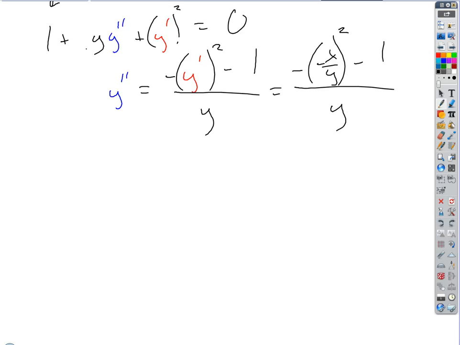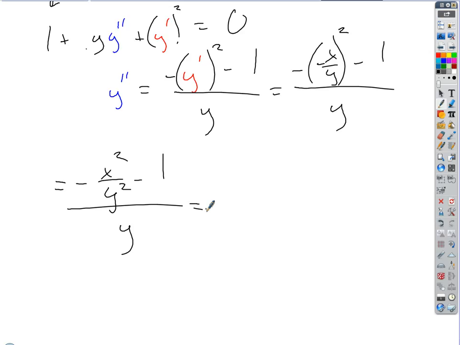So I get negative x squared over y squared, because we have to multiply by that negative. I square it, which makes it positive, then I've still got that negative coefficient out front. Minus one over y. We have to get a common denominator on top, so I'd write that as y squared over y squared.